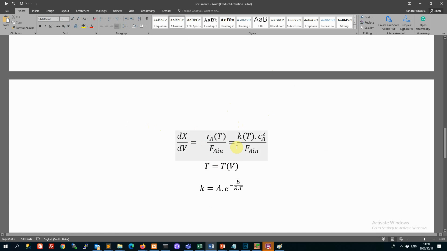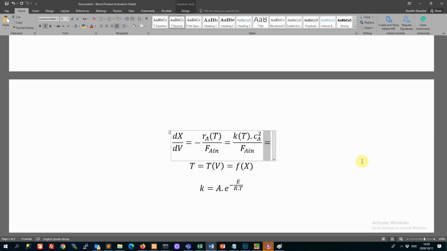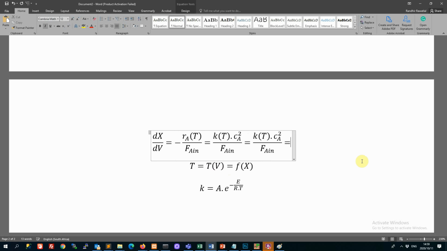So when you integrate this, you can just substitute. You can say here T is some other function of X, right? So you can use that adiabatic equation and say it's some f of x. And so you can go up here and say, well, even though I need T, T is a function of X, so I can just substitute here, it's k of f of x.